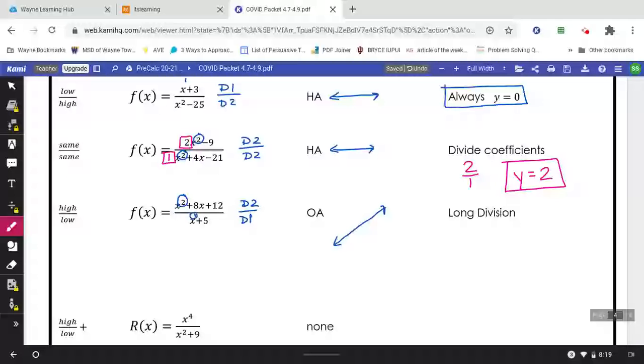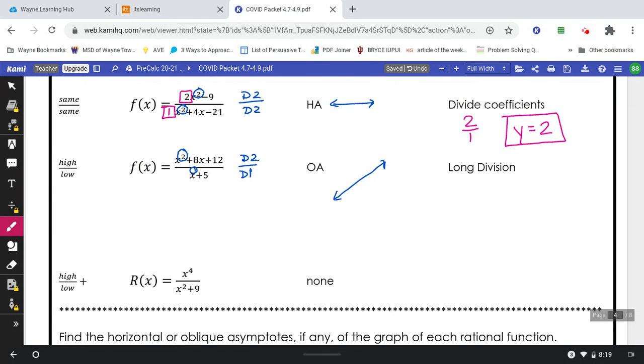This is based on our video from yesterday. So let me change colors here. Let me get the x plus 5 on the outside, and x squared plus 8x plus 12 on the inside. And then we're going to divide it the same way we practiced yesterday.